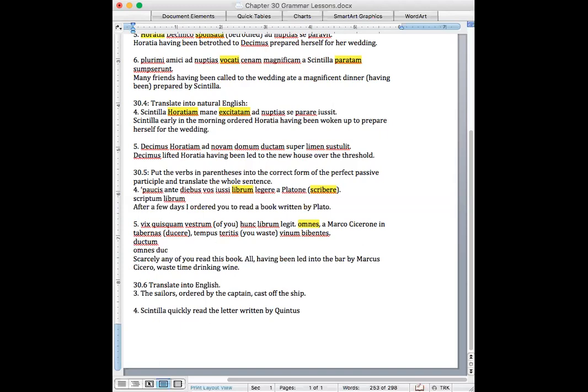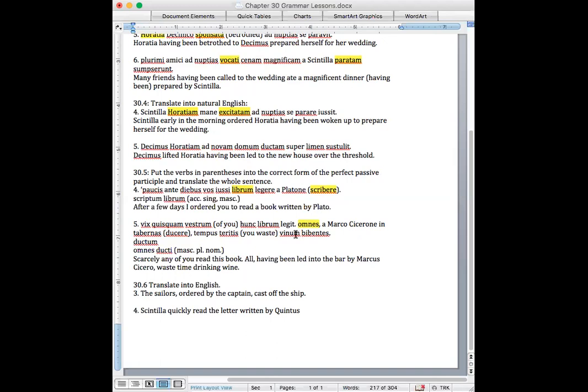So nominative, plural, masculine is going to be ducti. Remember, omnes is 3rd declension. Ducti is going to be 1st or 2nd. So this is masculine, plural, nominative, just so you know. So it's accusative, singular, masculine as well. Okay.